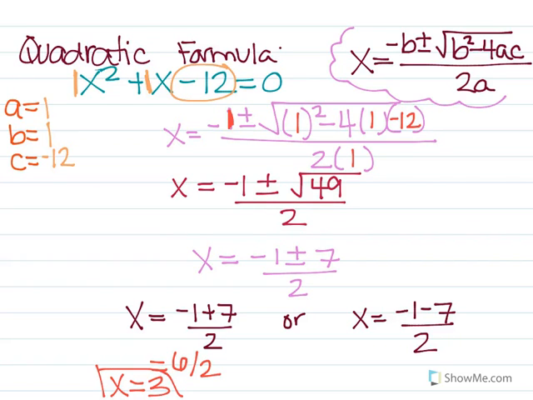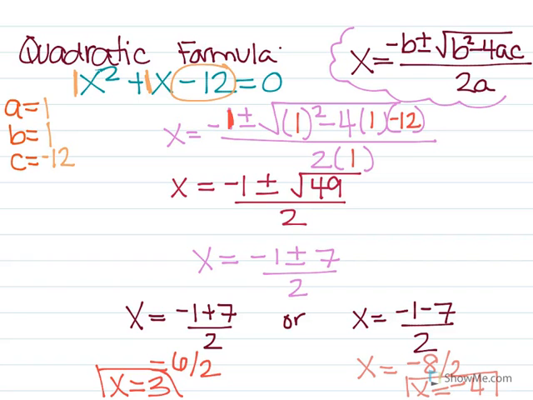And then on the other end of it, we have negative 1 minus 7 is negative 8, divided by 2 is going to give us our x value of negative 4. So our two x answers were 3 and negative 4, which we've already figured out.